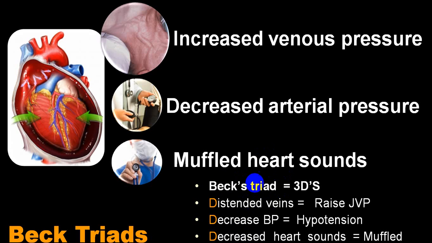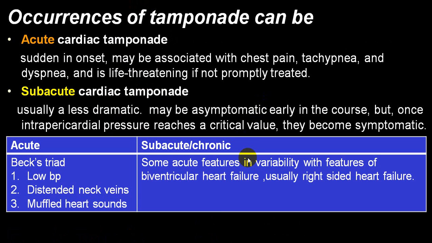There is also another mnemonic utilized: distended vein, decreased blood pressure, that is hypotension. Distended vein is for raised JVP, and decreased heart sounds, or muffled heart sound. They call it the 3 Ds, or we commonly say increased venous pressure, decreased arterial pressure, and muffled heart sound: classical Beck's triad.